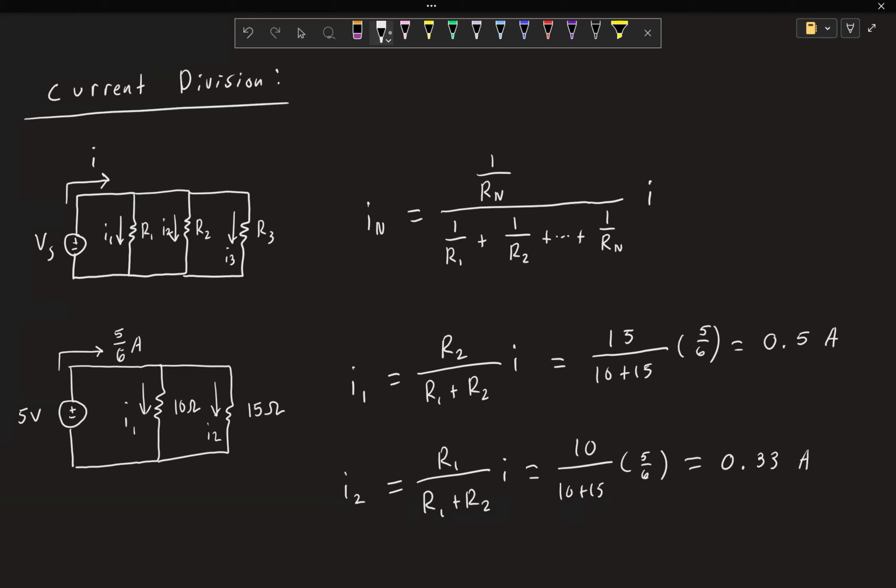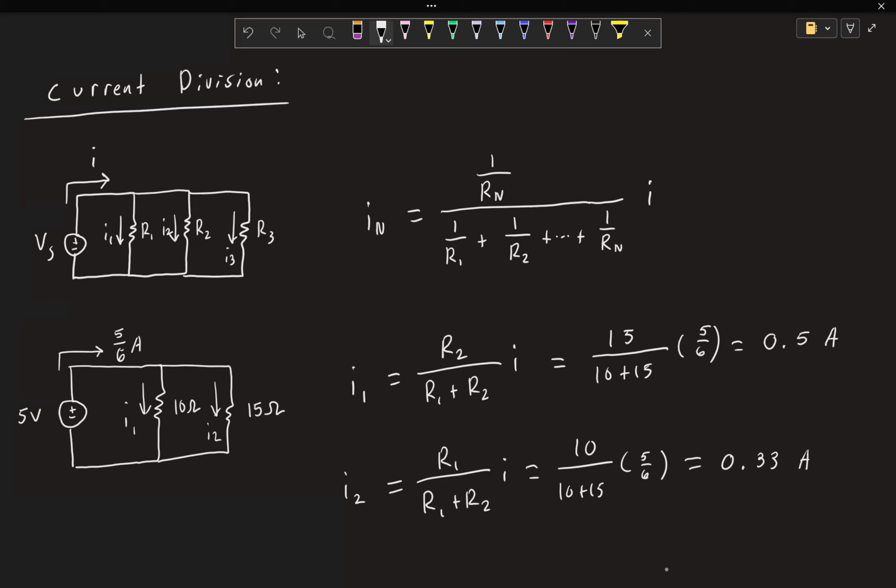The reason the current division formula is like this is because the amount of current is proportional to the resistance. There's always going to be more current flowing through less resistance.